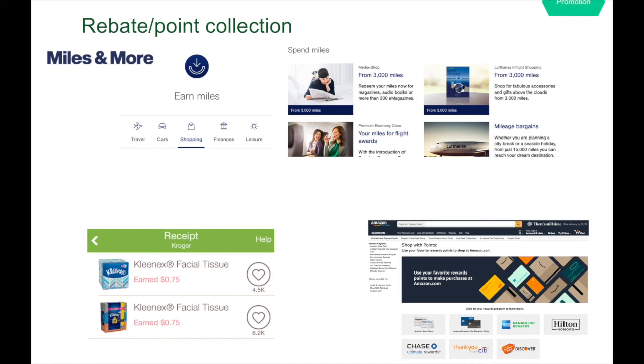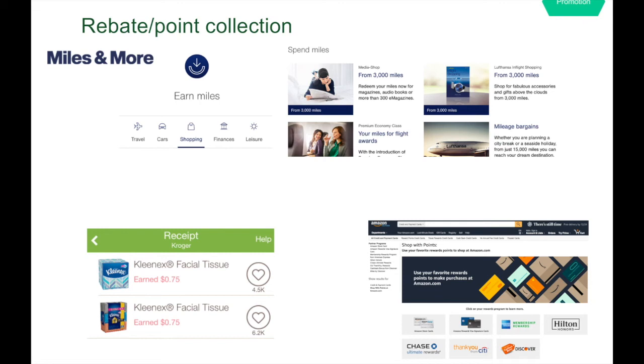That's great. Of course, there are different options again. On the lower left-hand side, we have a receipt from Kroger. If you buy at Kroger, you get a receipt, and together with the receipt you would earn some points, and you can either influence them or not so much.